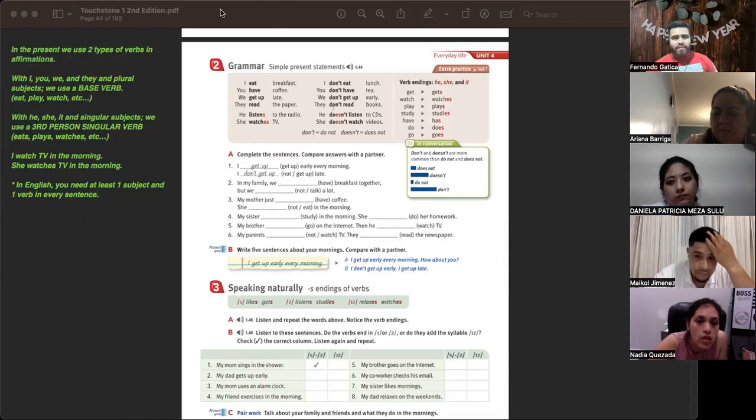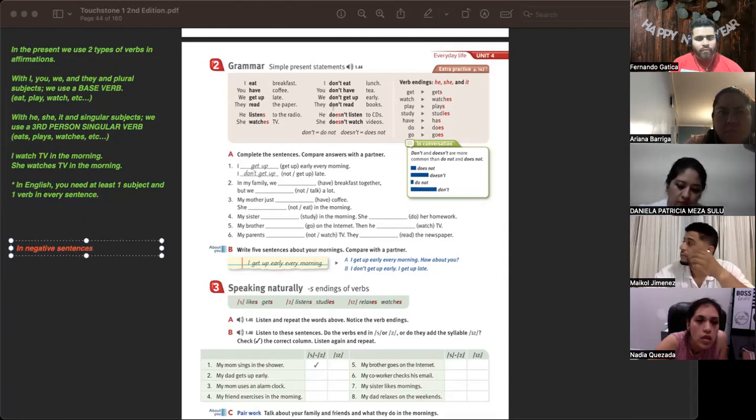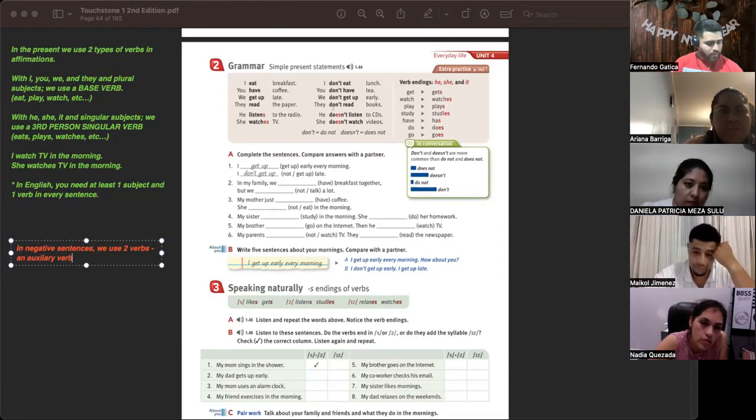Now, in negative sentences, we use two verbs: an auxiliary verb and a base verb.